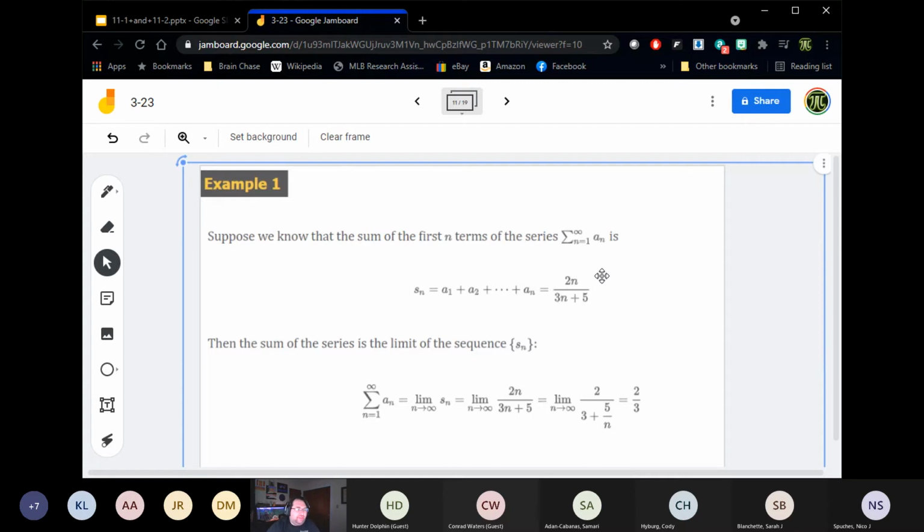We can do the same limit thing that I just did with my sequences, where we have the limit as n goes to infinity of 2 over 3 plus 5 over n. And that's going to converge to 2/3. So this series right here is going to converge to 2/3, because that sequence that I was looking at converges to 2/3.